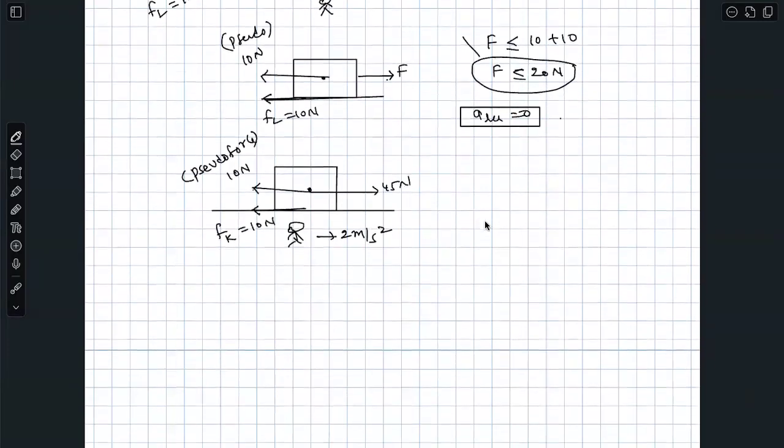Let me just check once. If I study the situation, the net force in this direction is 35 Newton, and the friction is 10 Newton. So about this point, we will calculate torques. Torque: 35 into A by 2 because this is A by 2.